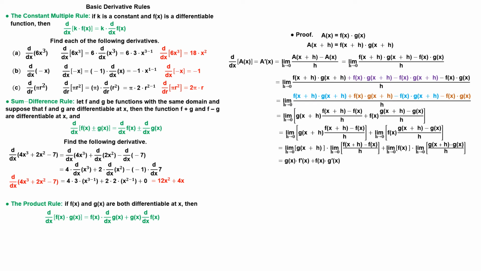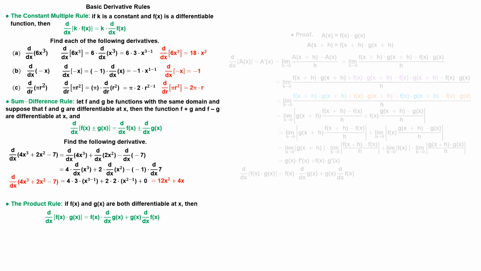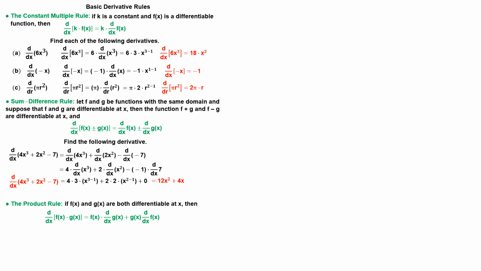This rule says that the derivative of a product is the first factor times the derivative of the second factor plus the second factor times the derivative of the first factor. Let's see how it works. Differentiate the function. We use the product rule.